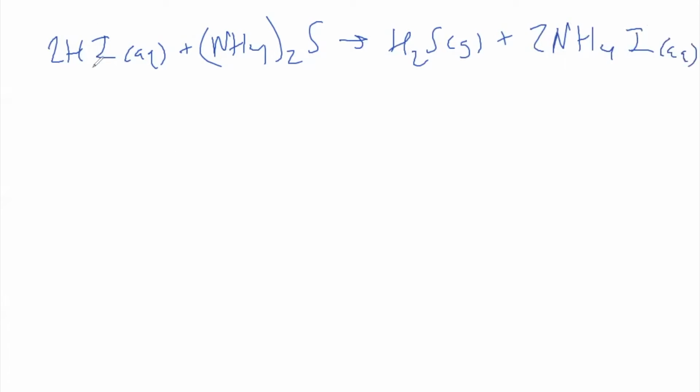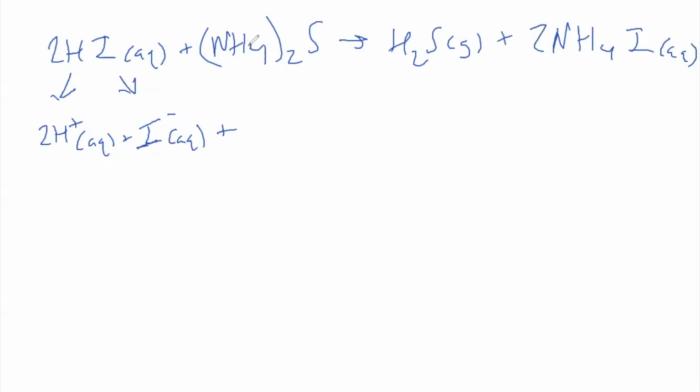Okay, so we'd split the metals from the nonmetals. H in front, that's acting like a metal. So we would get H plus and then I minus. And then for the next one, there's no metals in here, but a polyatomic ion will act like a metal.